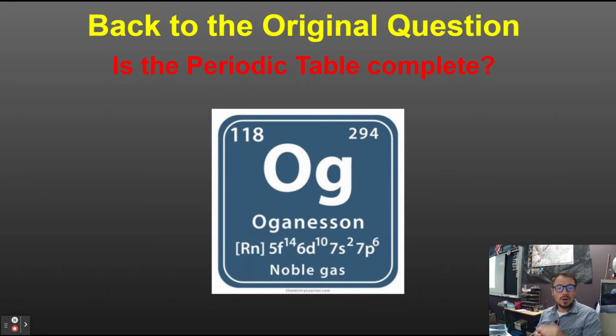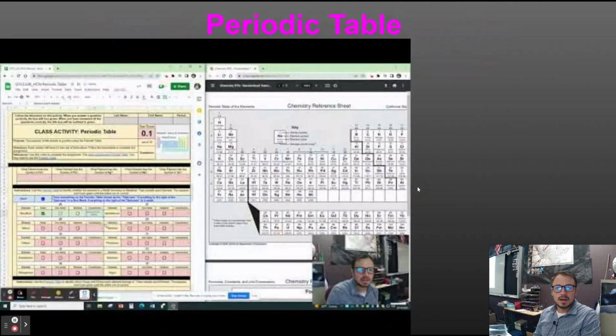So as far as we know, we have completed the periodic table, but physicists think that there could be other periods below that. But we're always discovering, we're always learning more. We're smashing these atoms together in particle accelerators, and we are seeing what happens. So that's how those last few were created.